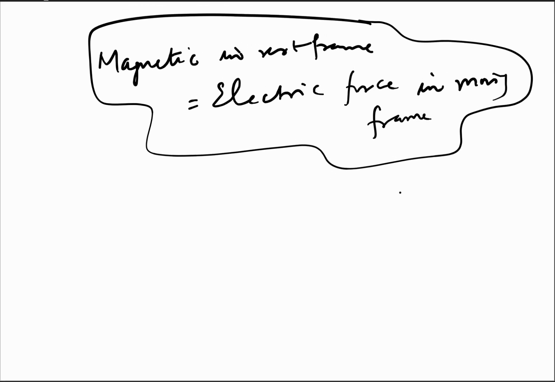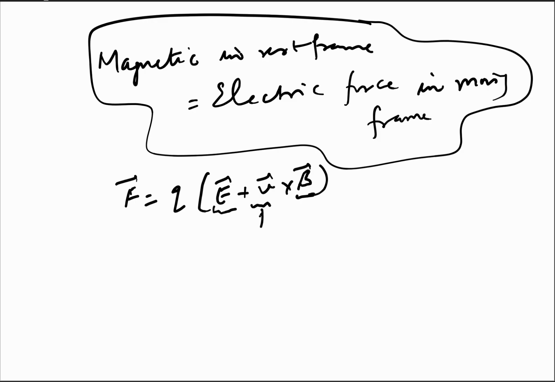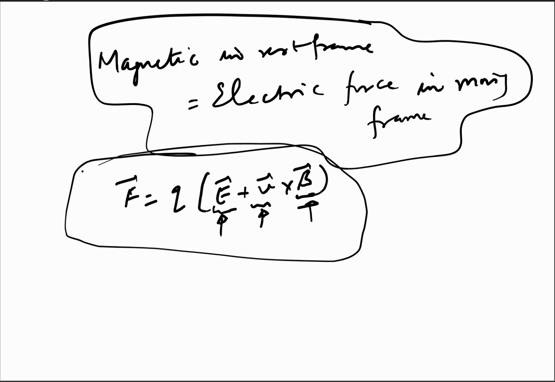So in this way we have shown how the electric and magnetic field depend on the reference frame. As I have told in one of the lectures, the Lorentz force equation does not change; only E, B and v depend on the reference frame, and these values should be properly used while calculating the force in a given frame.